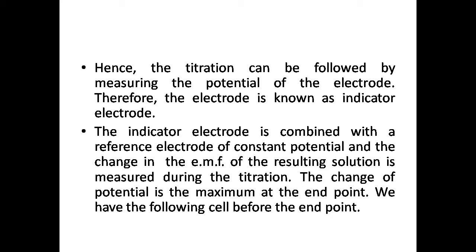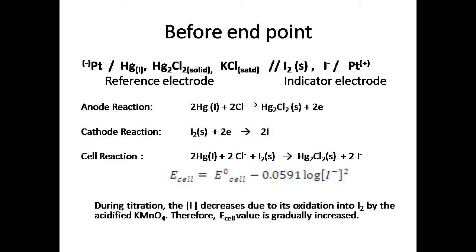We have the following cell before the endpoint, where on the right hand side, the redox indicator electrode acts as a reduction electrode, that is, I2 is converted into I minus, whereas at the reference electrode Hg is converted into Hg2Cl2. In the anodic reaction, oxidation takes place, and Hg is converted into Hg2 2 plus.